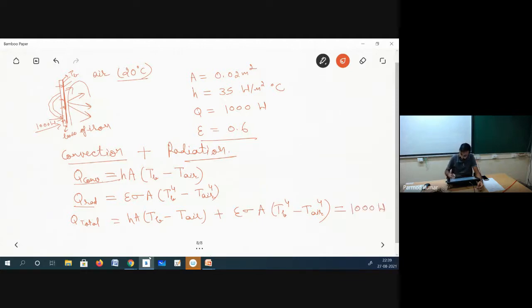Now if you see, T air is known, epsilon is known, sigma we know as a coefficient, area is known, h is known. So the only unknown is TB. We have one equation and one unknown. If you solve, you will find that the temperature of the base comes out to be 674 degrees Celsius. So all of you just need to substitute the values and solve this equation to find the value of TB.